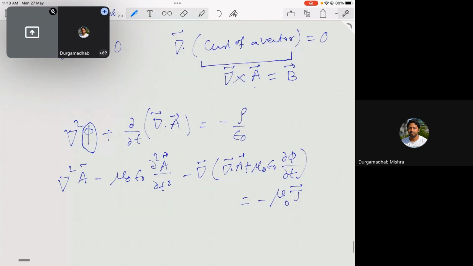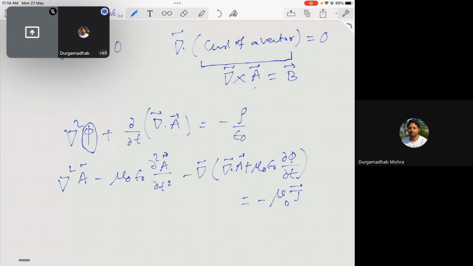There is some good thing and bad thing. One thing is, of course, it looks very complex. The four equations in terms of E and B were much simpler, but in terms of phi and A they look a bit complex, and they are inhomogeneous differential equations.